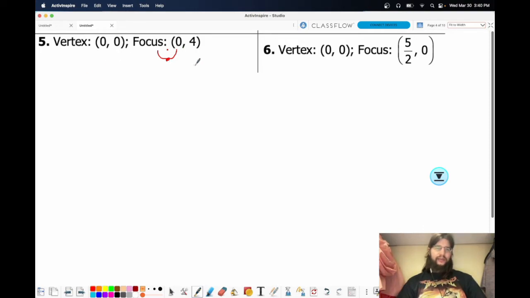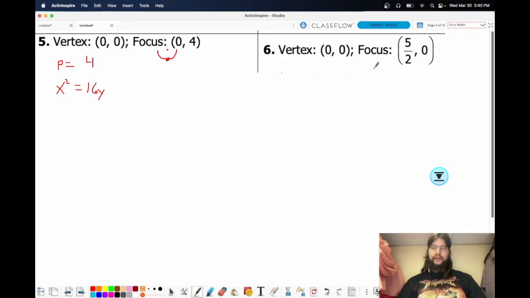So, what is P? P is how far apart are these? 4 units. And we said it's positive. So that's going to be, well, I don't need the parentheses. It's just x squared, since we're vertical, equals 4 times 4 is 16, y. These are both 0, so it's x minus nothing, and it's y minus nothing.